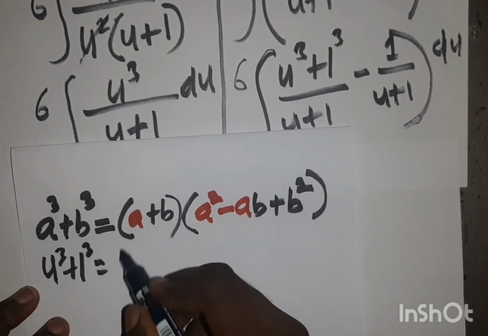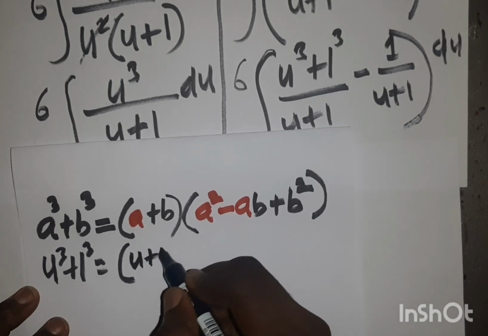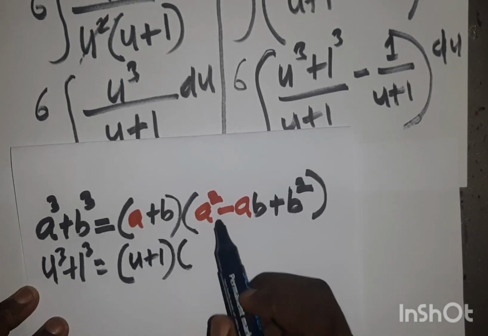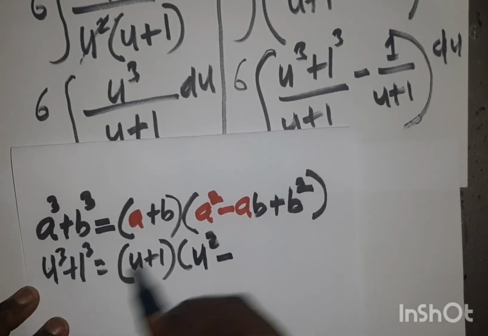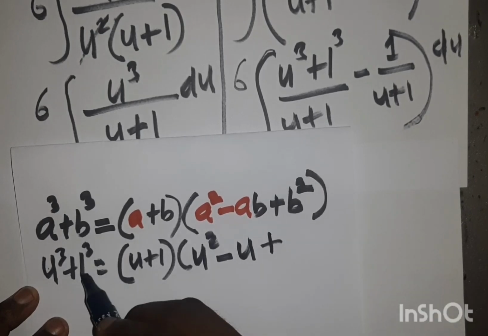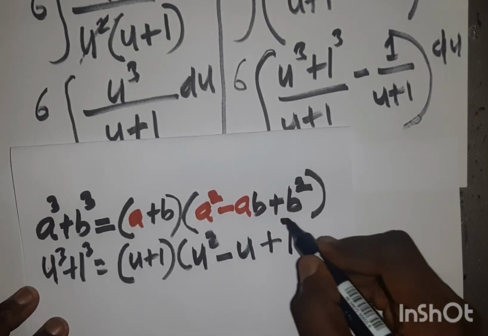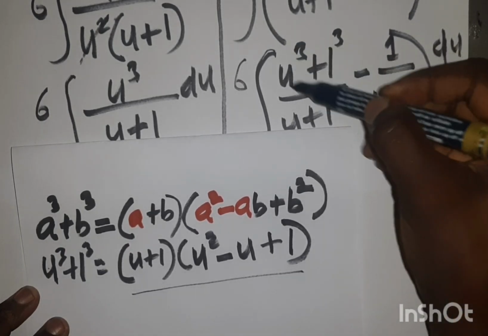This is a plus b, this will now be u plus 1, open bracket. This is now a squared, that will be u squared, minus ab, that's u times 1, that's u, then plus b squared, that's 1 squared, which is still 1, then close bracket. So this is what I'm going to write as my new value to replace this one here.